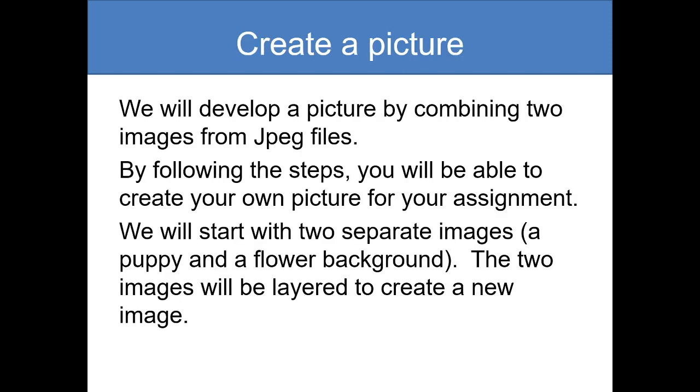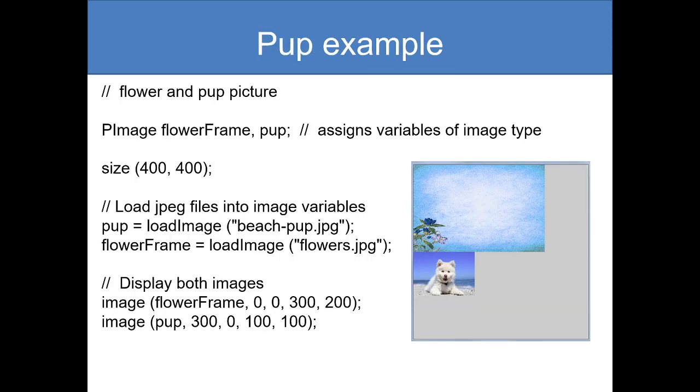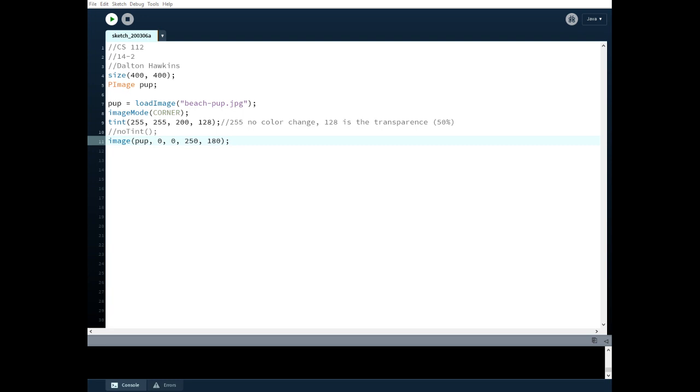So we're going to be creating a picture by combining these two JPEG images. We're going to start with these two separate images, and we're going to layer them to create a new image. We're going to make them look pretty cool. So in my program, I'm going to grab my flowers.